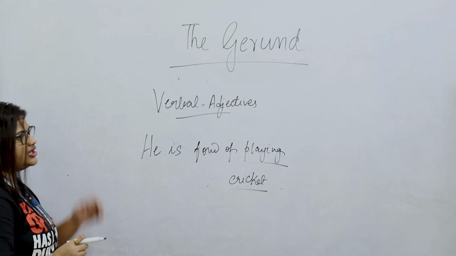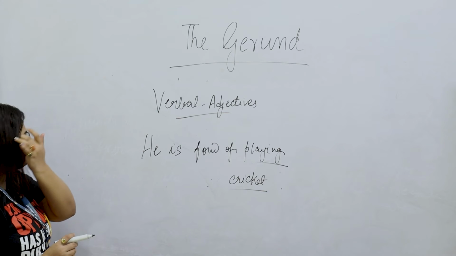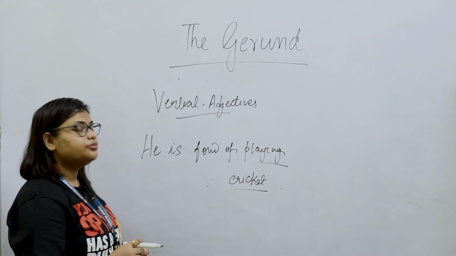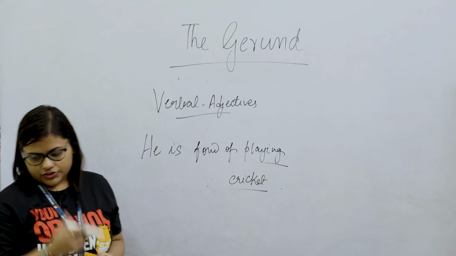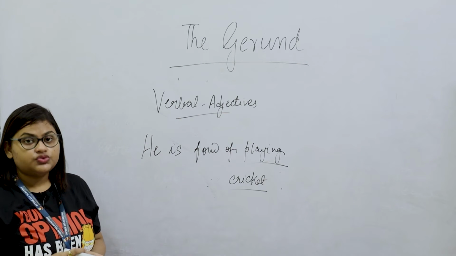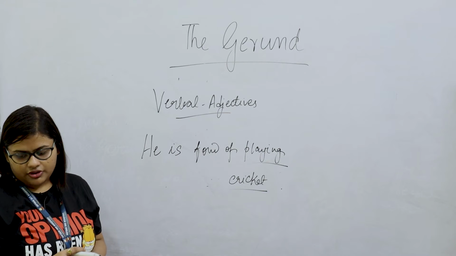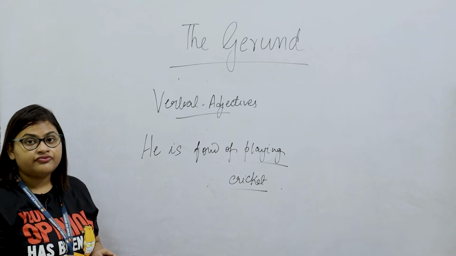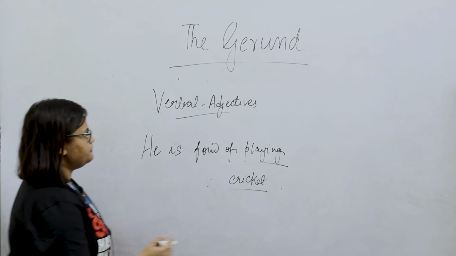Also there is one more thing. Often we see that the gerunds are preceded by a pronoun. That is also one more thing that we need to sometimes keep in mind. And the next could be if we are trying to use the same word as in form of participles.